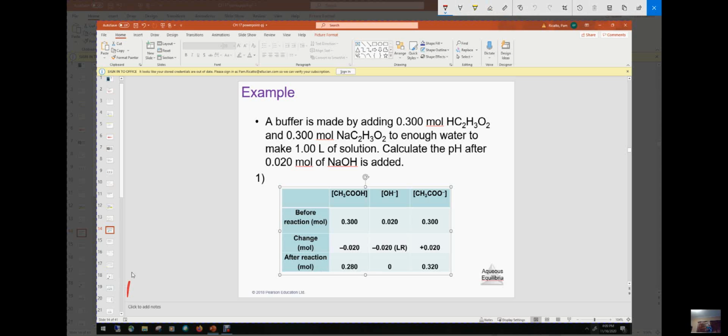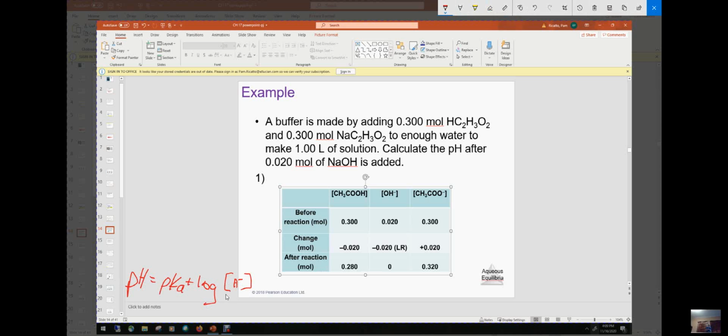So again, pH is equal to pKa. If you look up the pKa of acetic acid plus the log of the base over the acid. Our base is A minus.